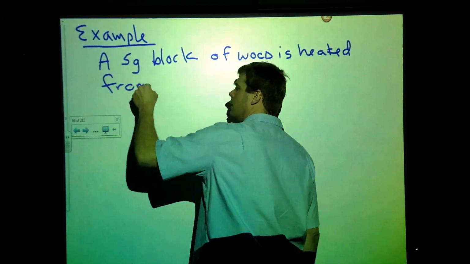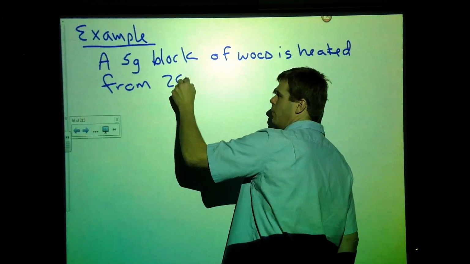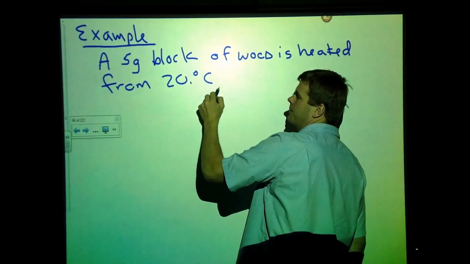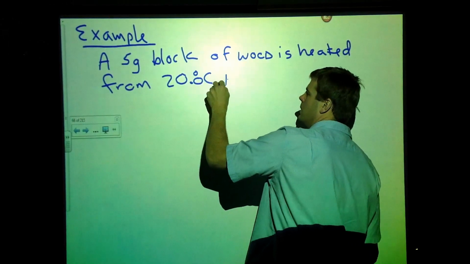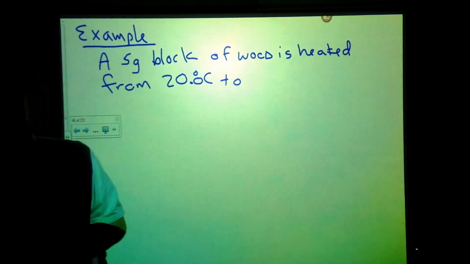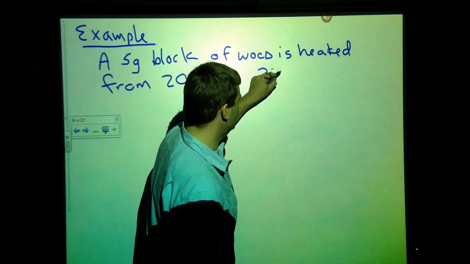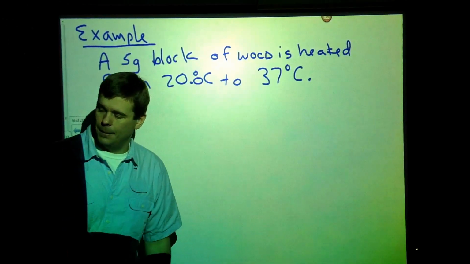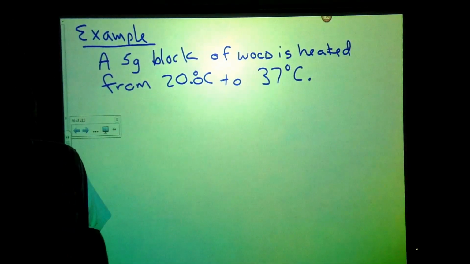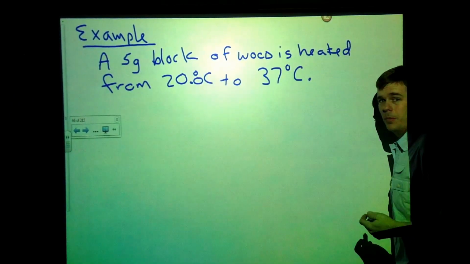from, and in that online simulation, it started at 20.0 degrees Celsius, and I think it ended at 37. Everyone had that same final temperature, 37 degrees Celsius, okay? I need to tell you the specific heat of a block of wood.